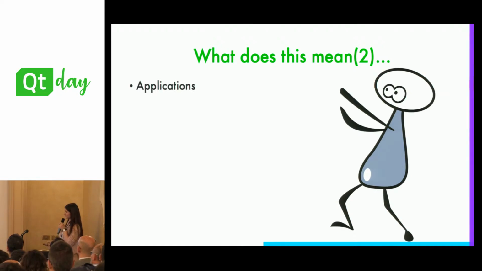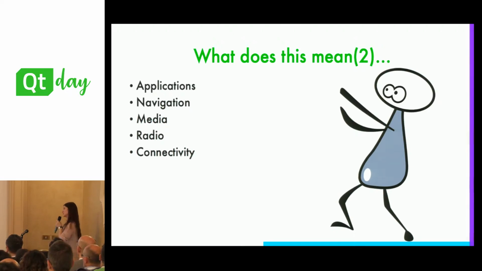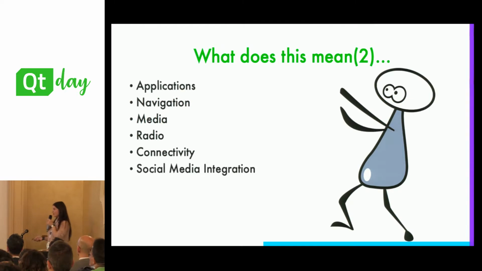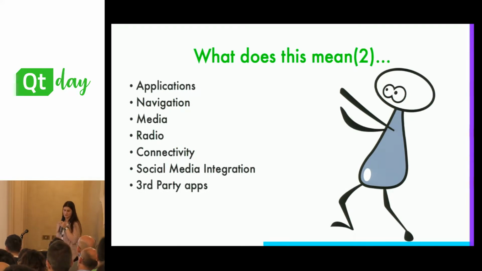We have applications like navigation, media, radio, connectivity for Bluetooth so that the user can pair his phone with the car. Oh, and right, we want to integrate social media into the car as well. And we want to have third-party apps so that the user can have Spotify and Netflix in the car.